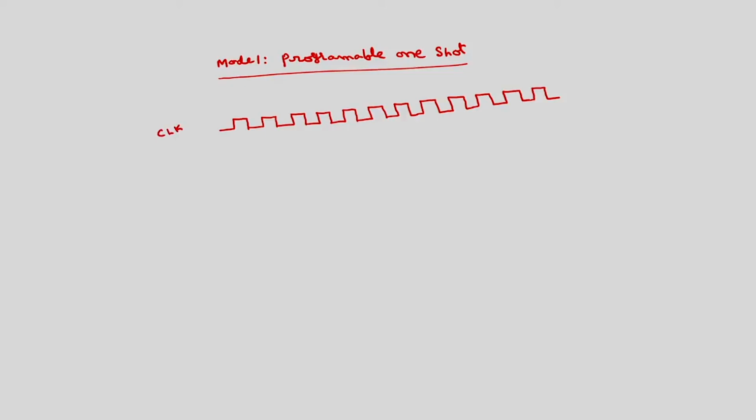I am not writing clock 0, clock 1 or clock 2, so it depends upon the counter which we are going to use. Then here also this write bar signal has to be made low to load the count.